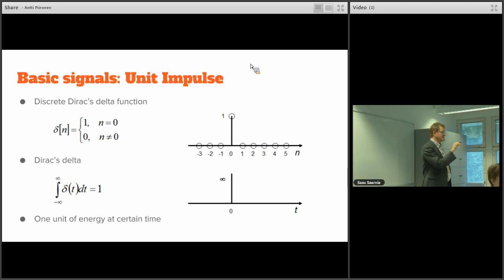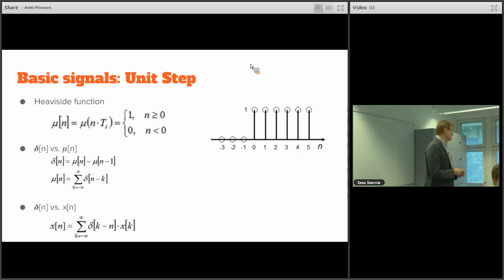Otherwise, the signal strength is 0. But if you integrate it, it still gives you 1 as the integral. Okay, it's a little bit hard to understand, but anyways, in mathematics this is used, for example, to derive the discrete delta function's properties. But still, it's the same thing: 1 unit of energy at a certain time.